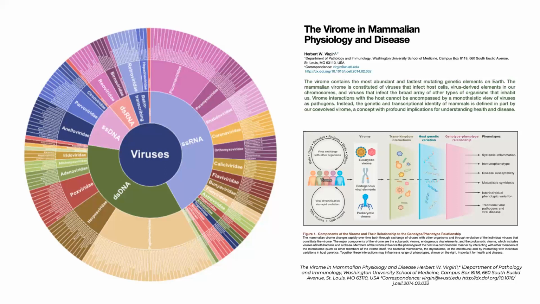So when we think about the virome, it's important that the relationship between viruses and the environment that they live in, for example, other viruses, other bacteria, the host that they're in, plays a major role in how they function and what they cause.